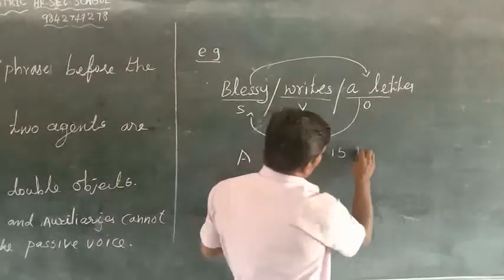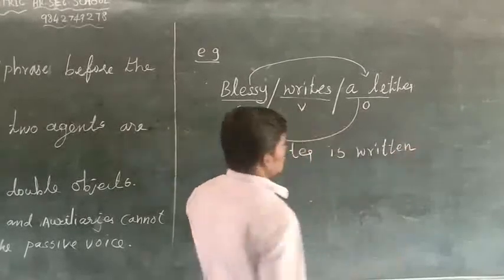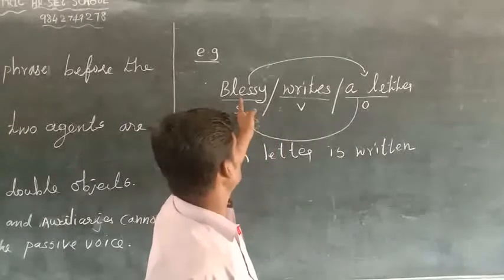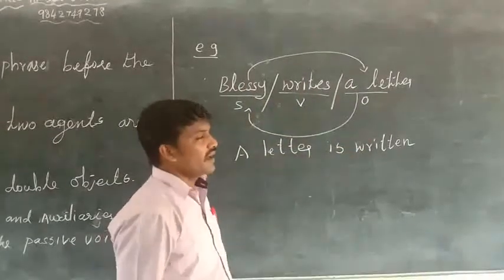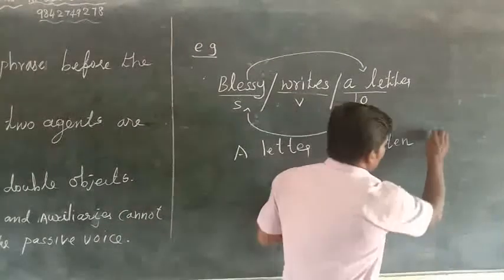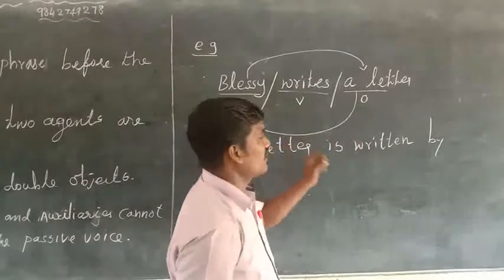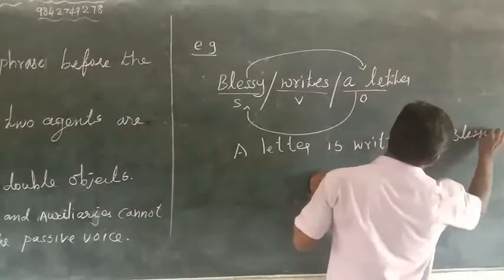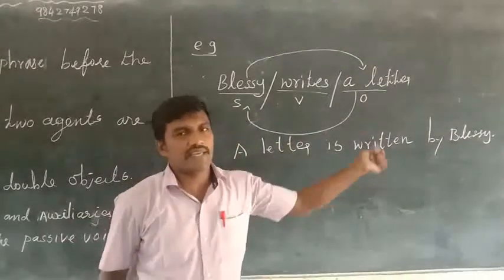So we use written. So a letter is written. Now the subject goes to the object place, so before that we use the phrase by, then the agent: by Blessing. You understand here? So a letter is written by Blessing.